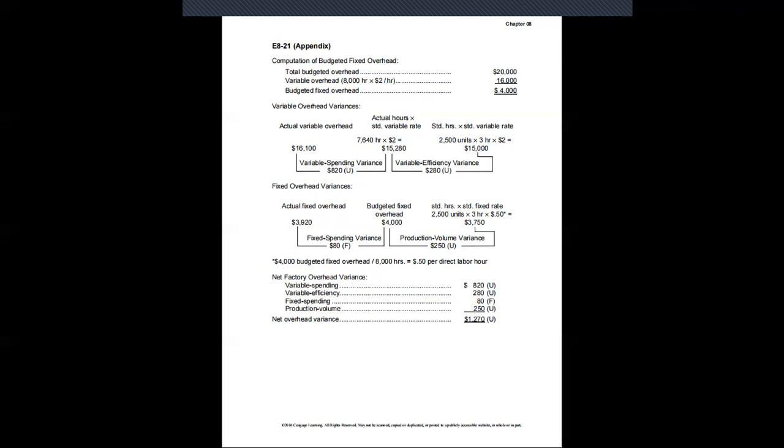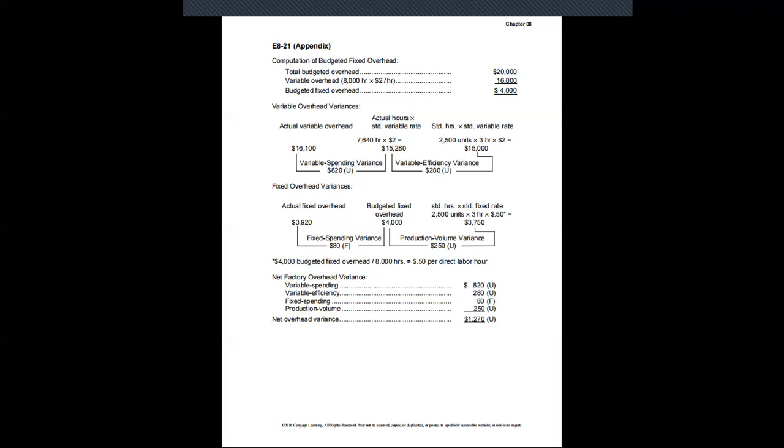And so the variable efficiency variance is 280. Actual hours times standard variable rate is greater than standard factory overhead. So the variable efficiency variance is 280. It's unfavorable.